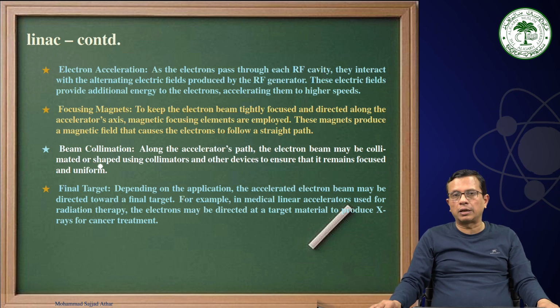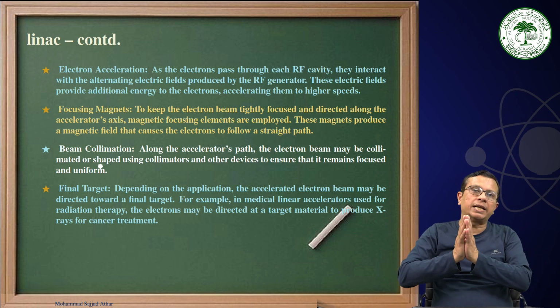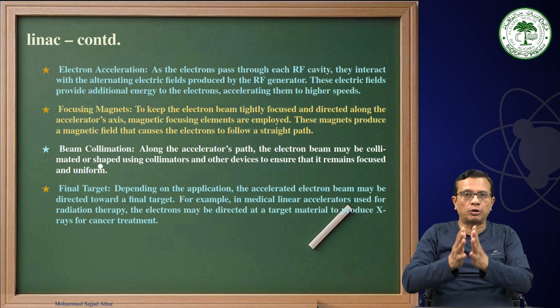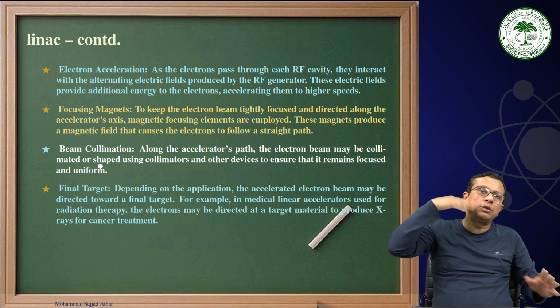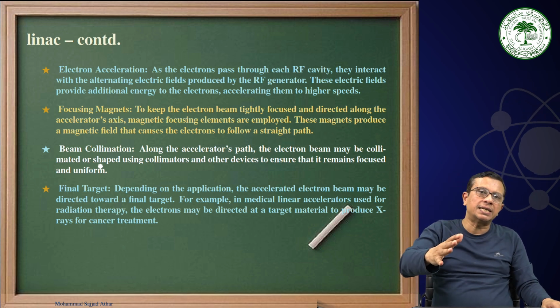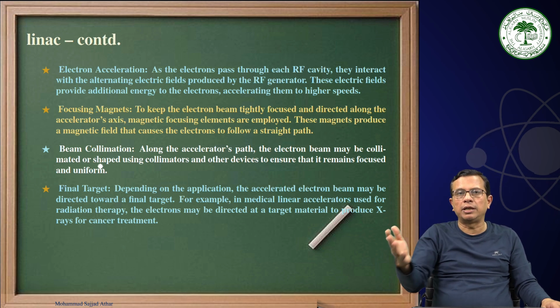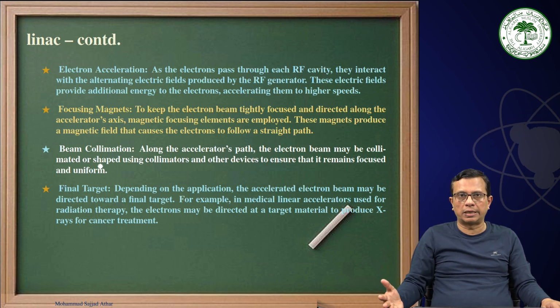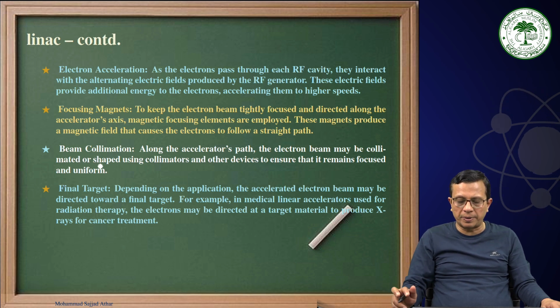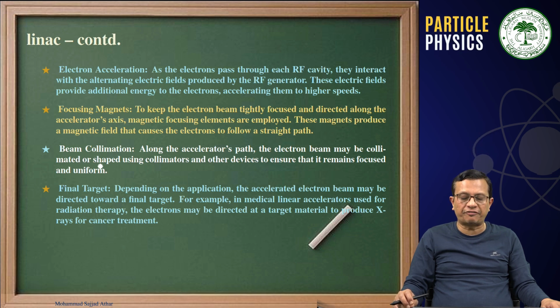Then once you have the desired energy of the electron or proton or whatever you like, you bombard that with the desired energy on a target and you achieve your desired result. Therefore, depending on the application, the accelerated electron beam may be directed towards a final target.